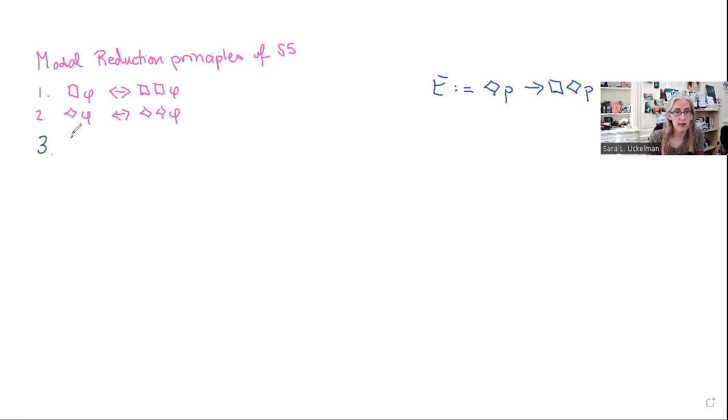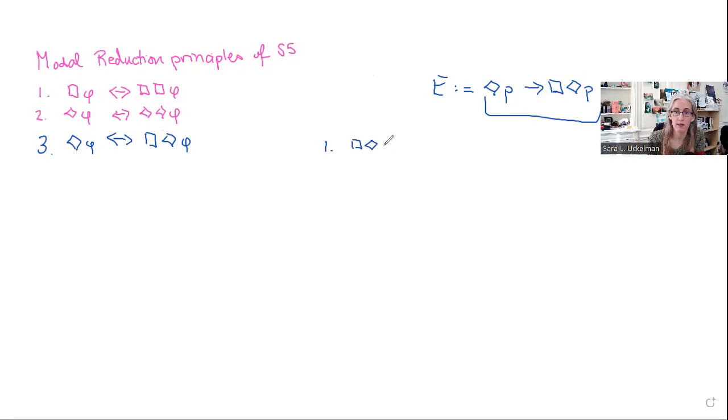The first one is that possibly phi is going to be equivalent to necessarily possibly phi. So this is one half of it, but we can get the other direction on the basis of adding E to system T. The proof of this is actually enormously straightforward.